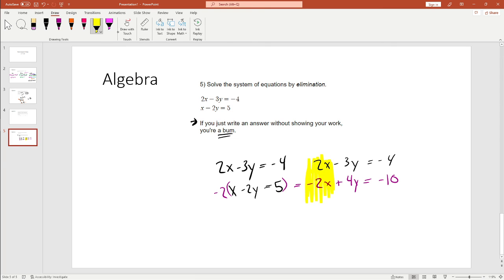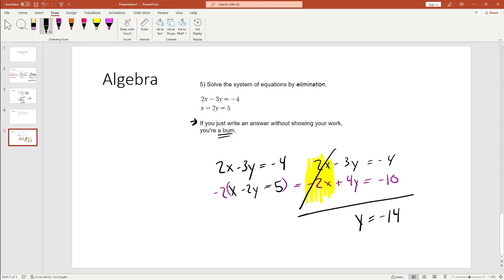If I add these two expressions now, those first two terms are going to eliminate. 2x minus 2x is 0. Minus 3y plus 4y, I'm just left with y. And that equals -4 plus -10, which is -14.